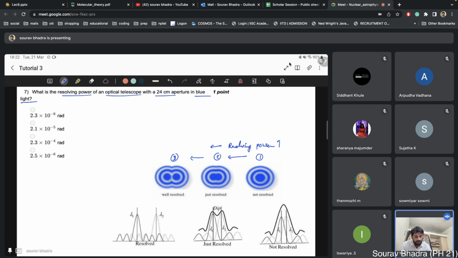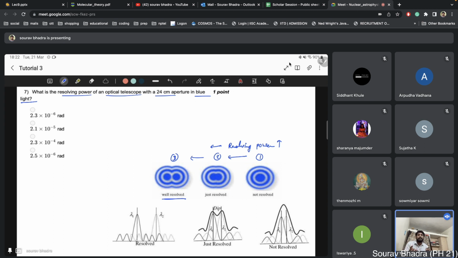That means the source which you first see as a single source, with better resolution of the instrument you can see that there are actually two different sources, but due to poor resolution you were not able to see it at first.